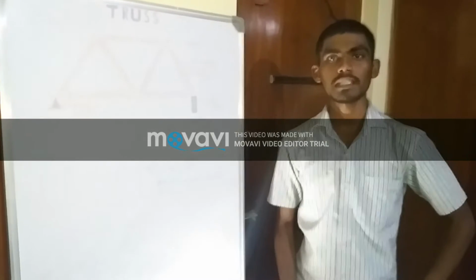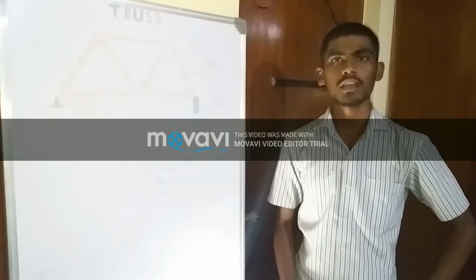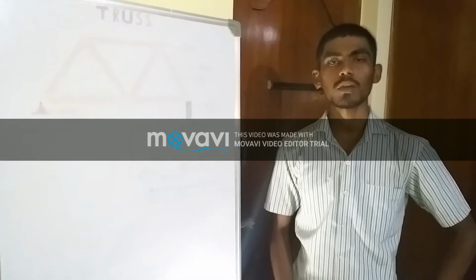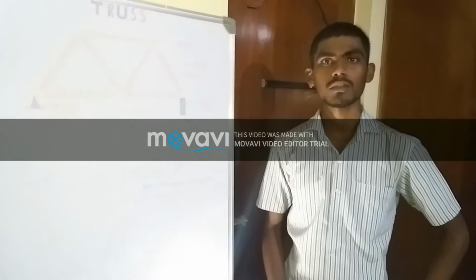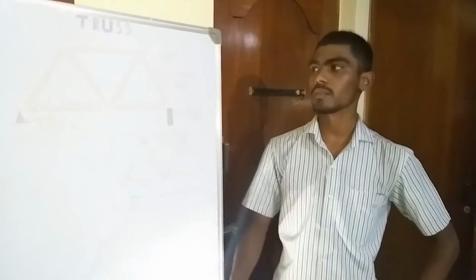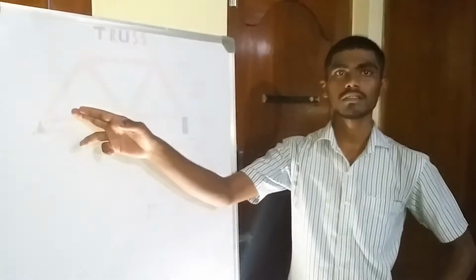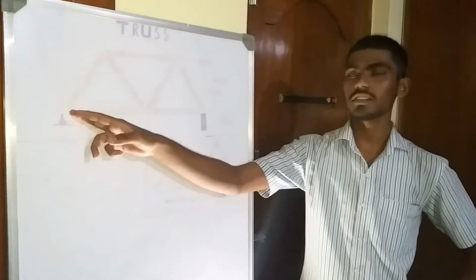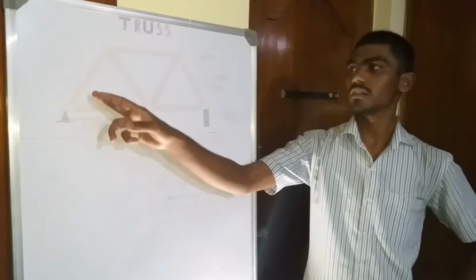As my friend previously explained what trusses are, I would be glad to let you know the characteristics of trusses now. The first important characteristic is that trusses are mainly made up of straight members where the joint is known as the panel joint.